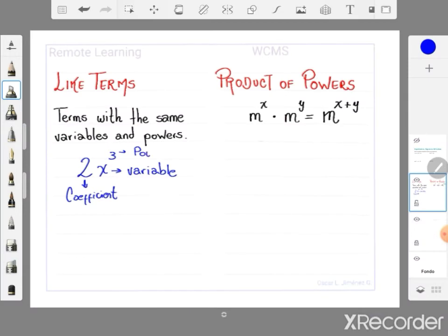So when you want to check if you have like terms, you just need to take care of the variable, the letter, and the power. If you have the same variable and power, that means you have like terms, okay?